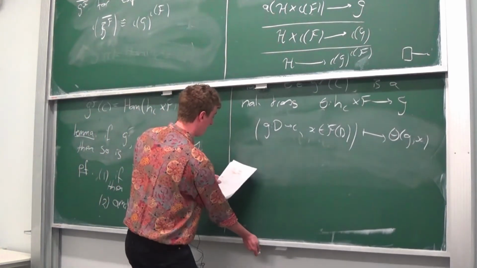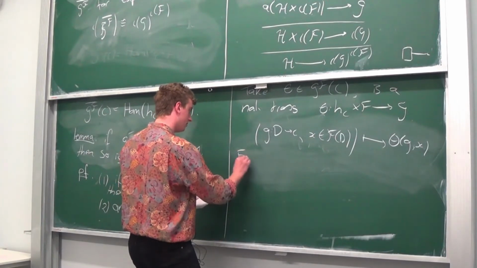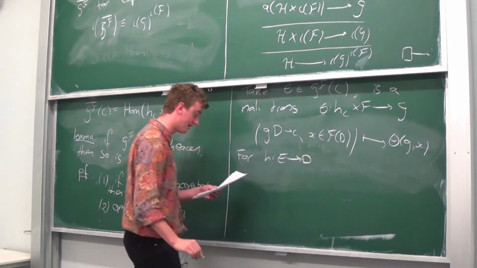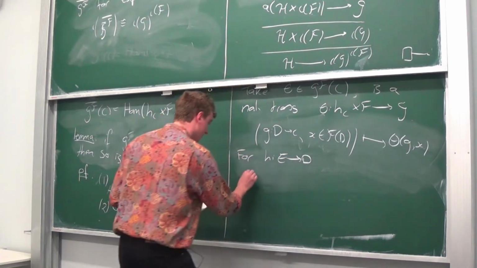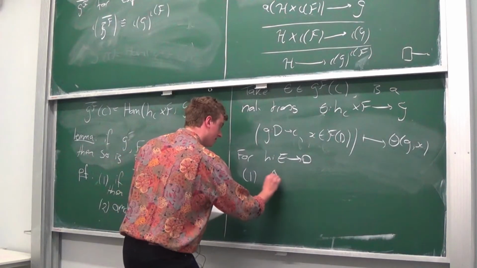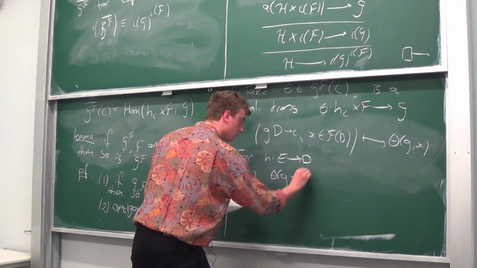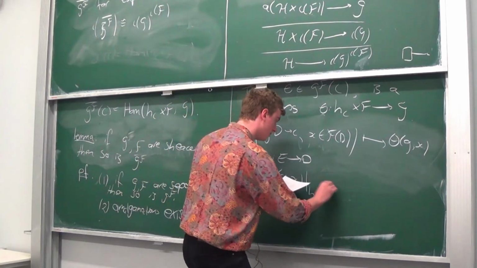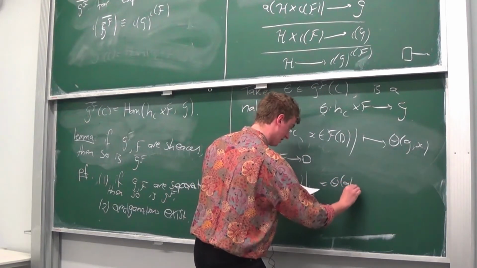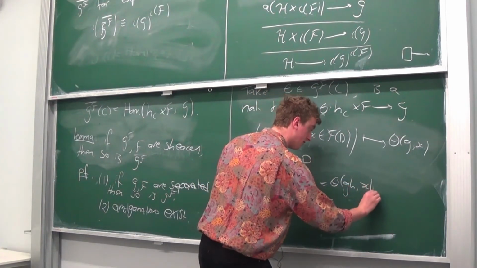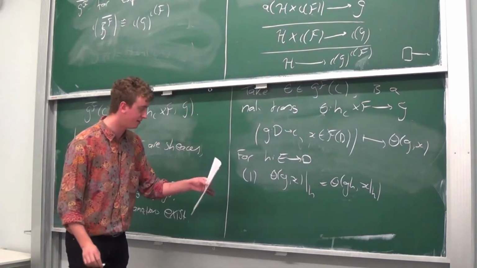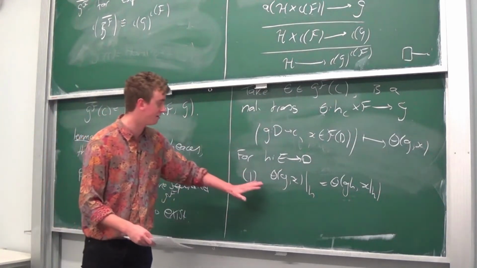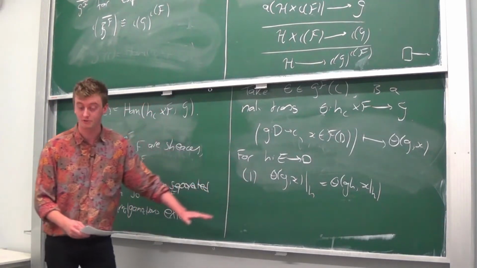So the first relation imposed by naturality is that for h from e to d in C, we have the first identity that theta of g x restricted along h is equal to theta of g h x restricted along h. So the naturality gives us this identity, which we'll make use of later in the proof.